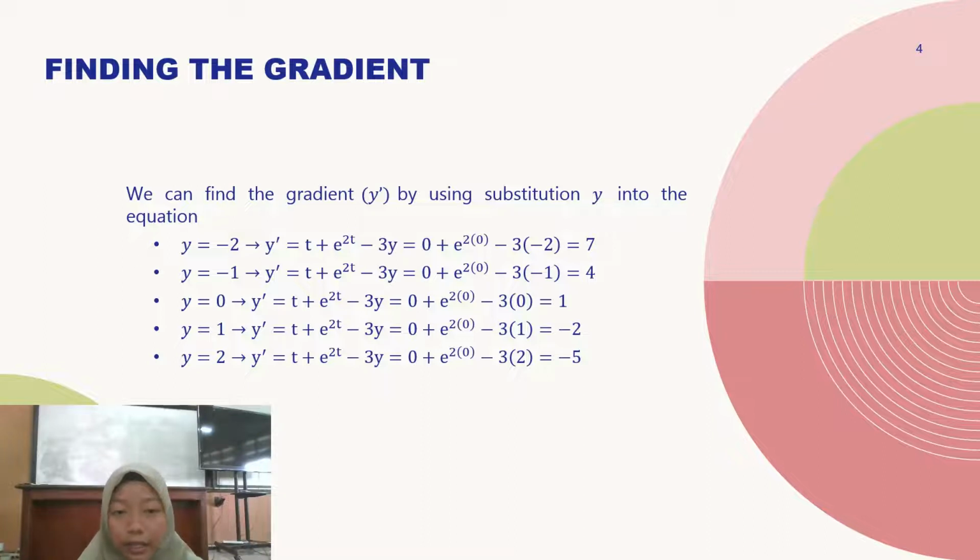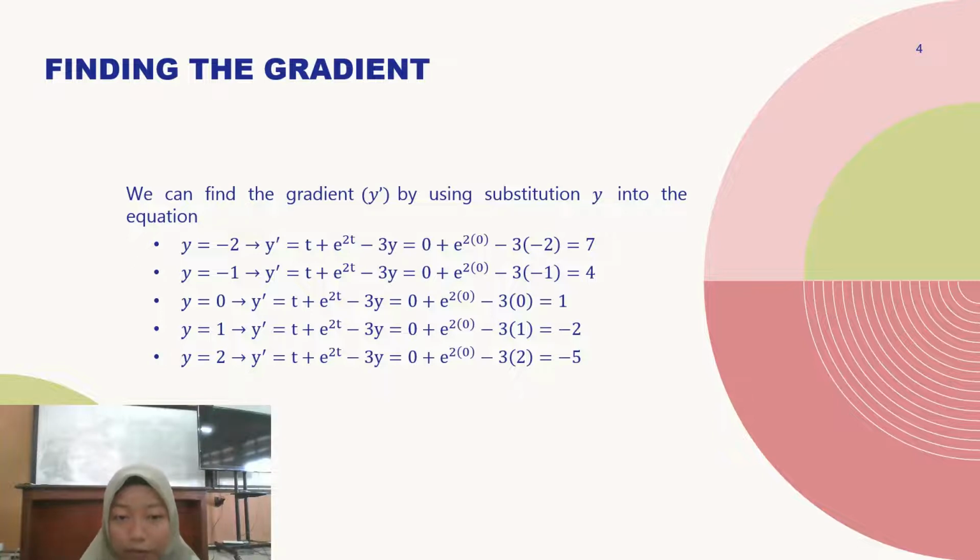For y equals 1, we get y prime equals 0 plus e to the power 2 times 0 minus 3 times 1 equals negative 2.